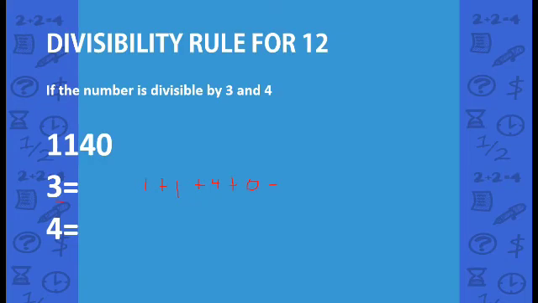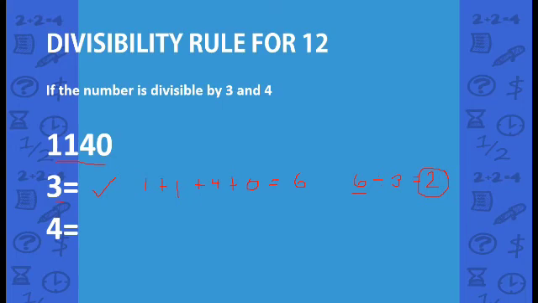So, ang makukuha nating sagot ay 6. Is 6 divisible by 3? 6 divided by 3. The answer is 2. So, 2 is an exact number or a whole number, meaning that 6 is divisible by 3. And so, the original number 1,140 is divisible by 3.